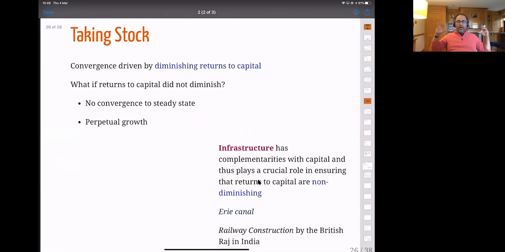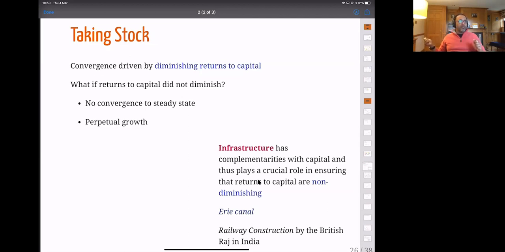So why are we doing this? The reason we're doing this is because diminishing returns to capital leads to a slowdown of growth.